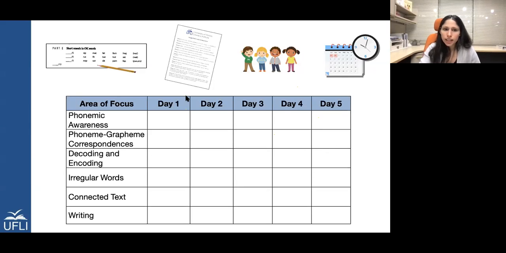So now we're going to look at this chart to talk through some of the thought process while planning small group, making small group decisions. So on the left here, you see different areas of focus, and I made them related to those sections of the hub, which we talked about.